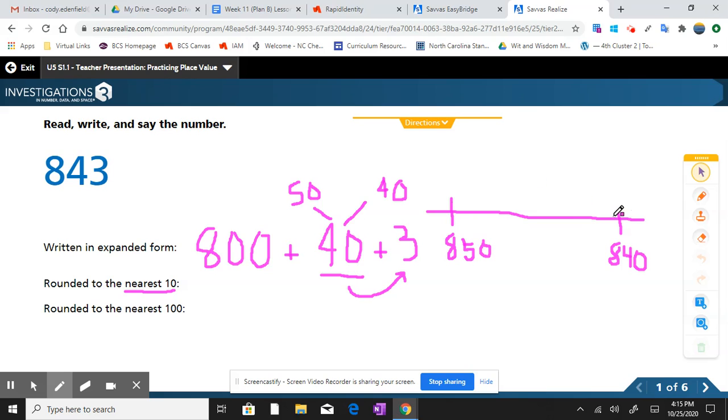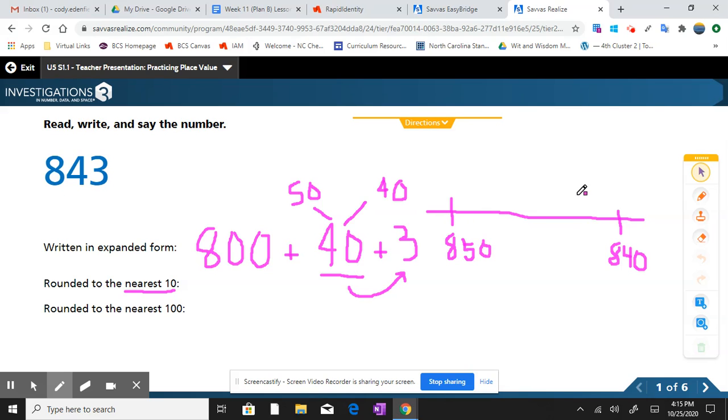So how many numbers are in between these two tick marks? There are 10, right? There are 10 numbers in between. 841, 842, 843, 844, 845, 846, 847, 848, 849, 850.